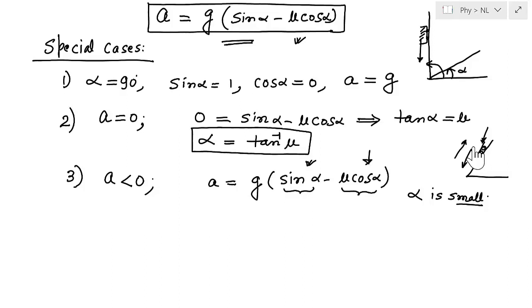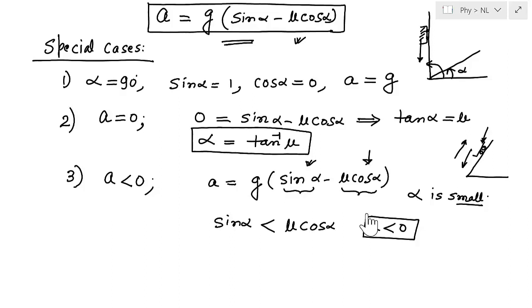This toboggan will eventually come to rest. So for sine alpha less than mu cos alpha, we will have negative acceleration, and in those cases, even though we push the toboggan in the downward direction, it will eventually come to rest because of this negative acceleration.